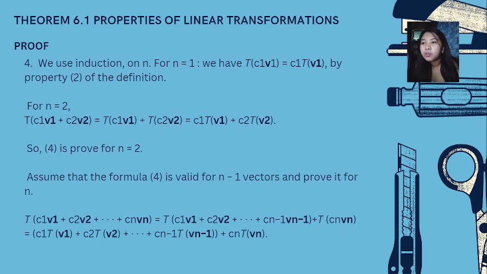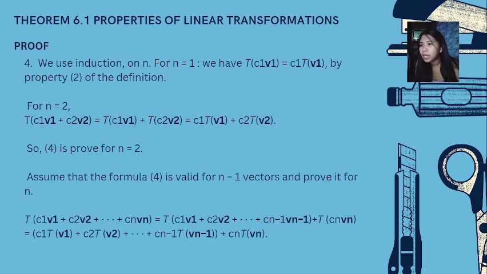Okay, so for the fourth property, we use induction on n. For n is equal to 1, we have T c1b1 is equal to c1 Tb1 by property 2 of the definition of the linear transformation that was discussed by Michelle.